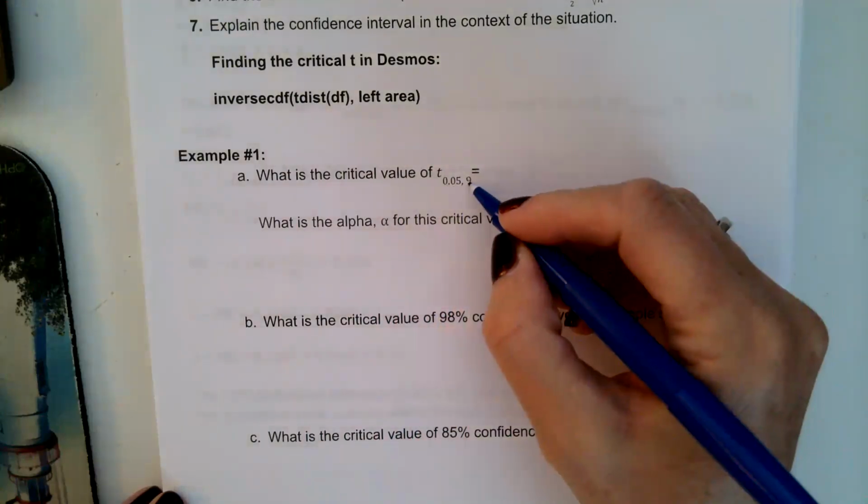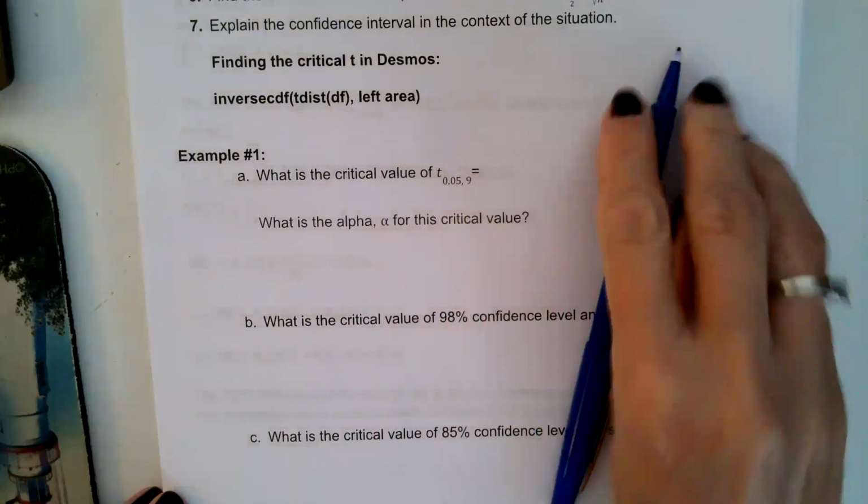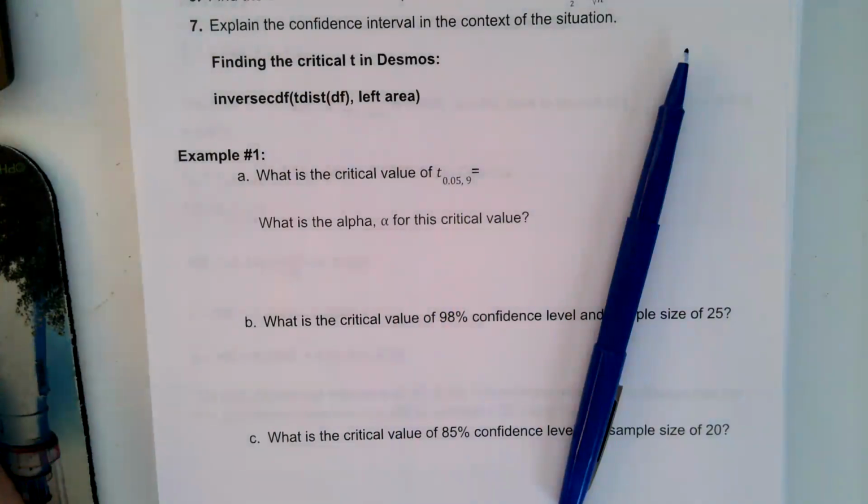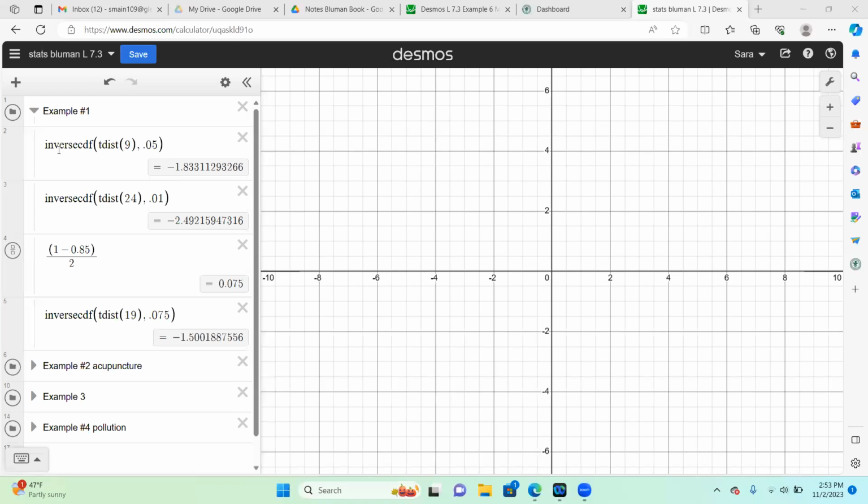So our degrees of freedom is 9 and T of 0.05. Let's go to Desmos so you can see this. So we're using inverse CDF with the T distribution of 9 and 0.05. And that's giving us a negative. So I really needed to do 1 minus that to make sure that I was getting the positive.